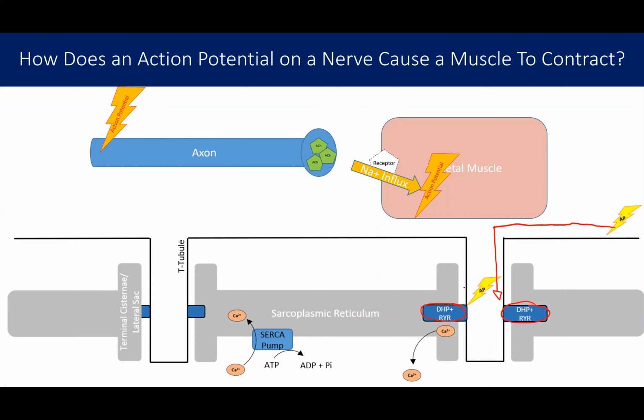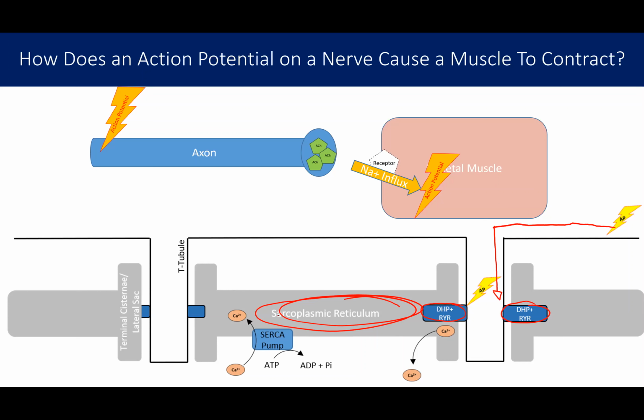What that means is dihydropyridine and ryanodine receptors. The DHP receptors are sensitive to voltage, and when the voltage stimulates them, they move, and it basically pulls a cork. The ryanodine receptor is like a cork holding all the calcium inside the sarcoplasmic reticulum.